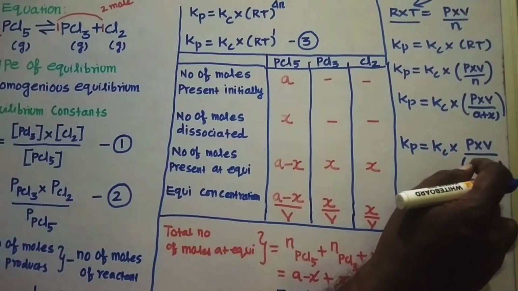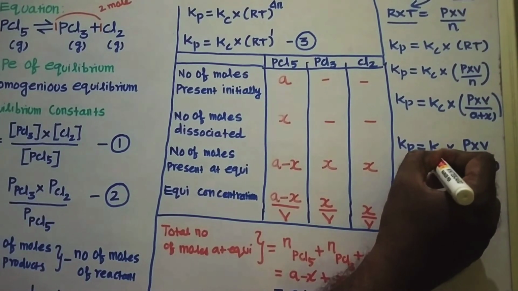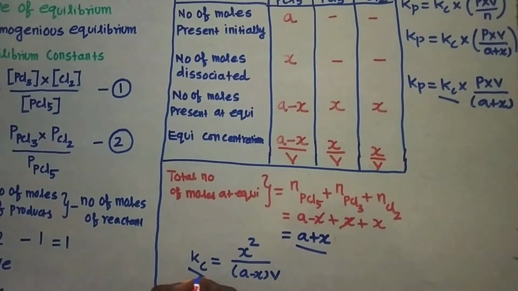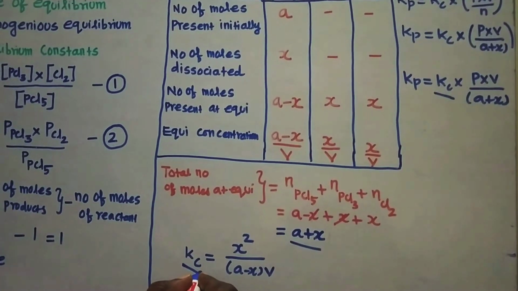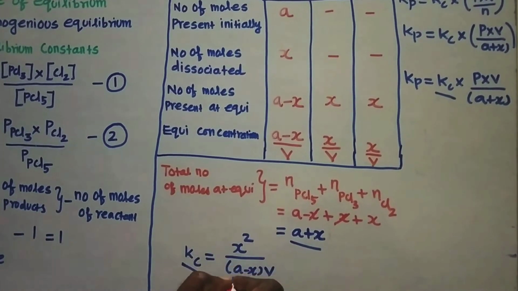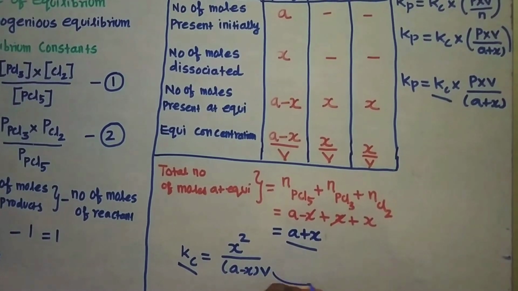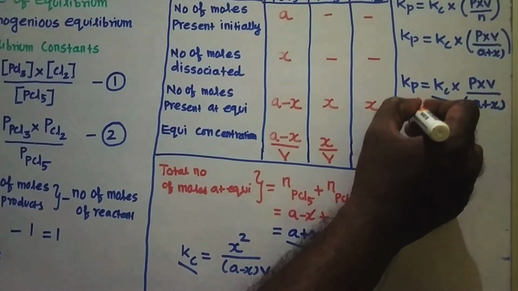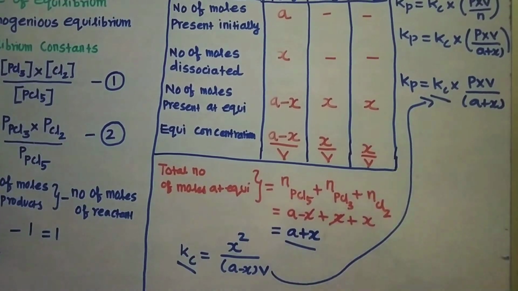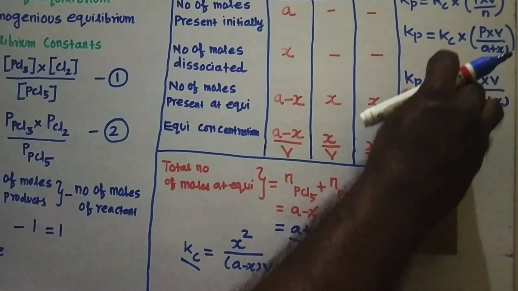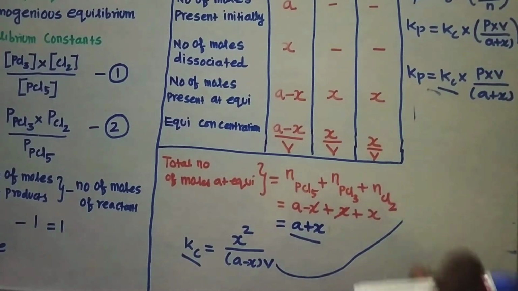Now in this equation I am going to substitute the value of Kc. Here we found that Kc is equal to X squared divided by (A minus X) into V. So now I substitute this value in this place and see what happens.